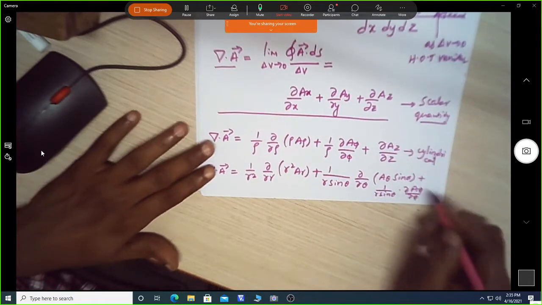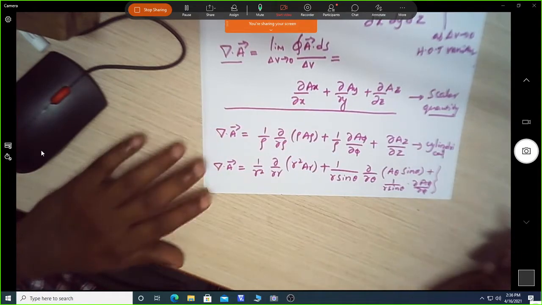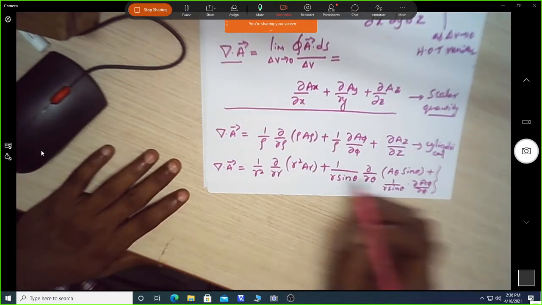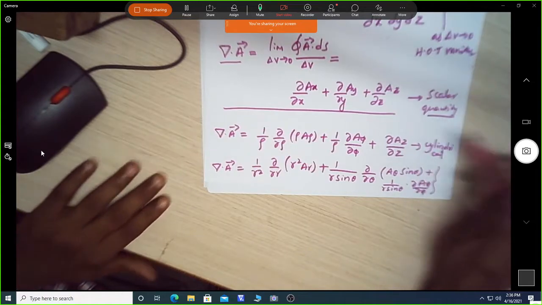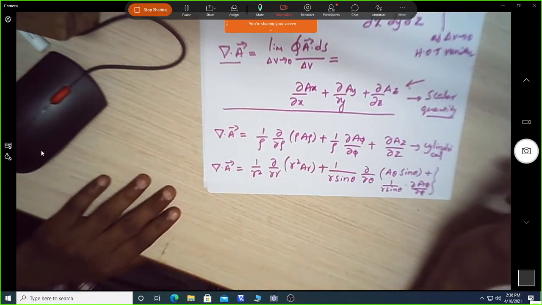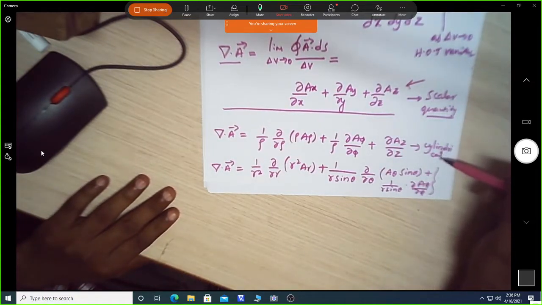So these are the equations you have to remember: the first is for Cartesian, this is cylindrical, and this is spherical.